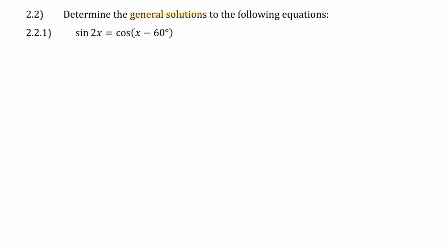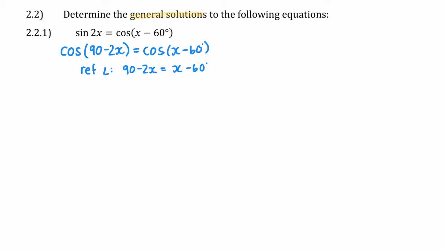Now, the reduction formula I'm going to use is I'm going to change my sine into a cos. And so on the left, I'm going to say cos, and the way I do that is by saying 90 minus 2x. That will be equivalent to sine of 2x. So I get cos of x minus 60. So my reference angle is 90 minus 2x is equal to x minus 60.